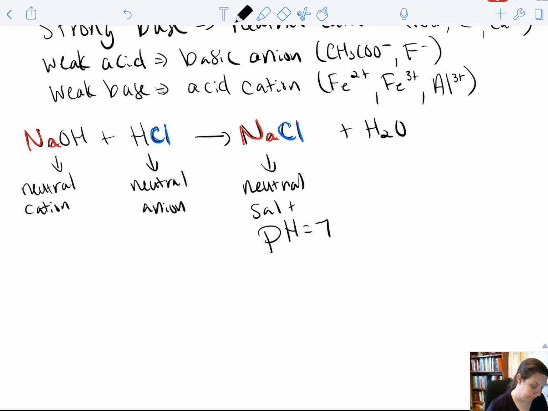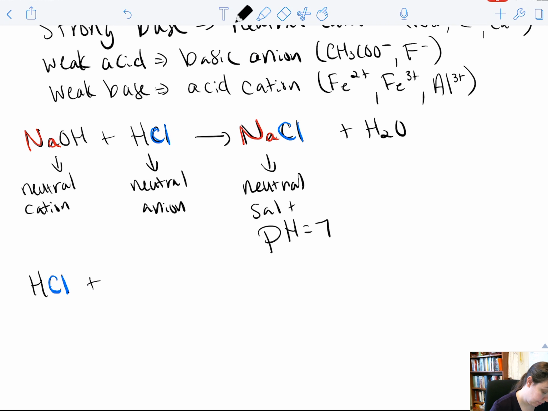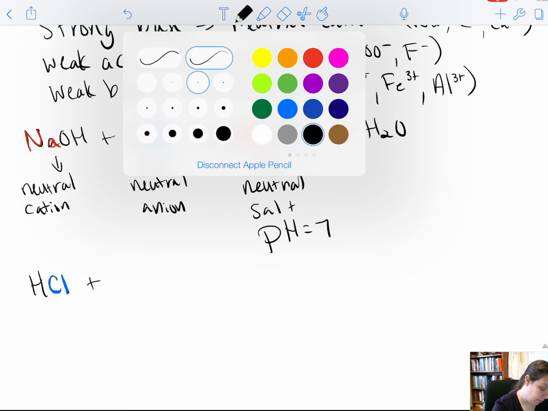If we have strong acid, HCl, plus a weak base.